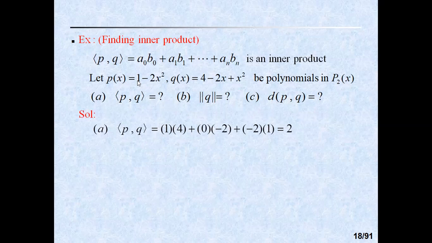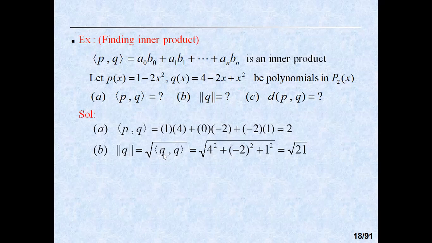First, the constant coefficients, 1 into 4, plus, for the x coefficient, 0 into minus 2, plus the x square coefficient, minus 2 into 1. Therefore 4 minus 2 is equal to 2. This is the dot product of the p and q polynomials.